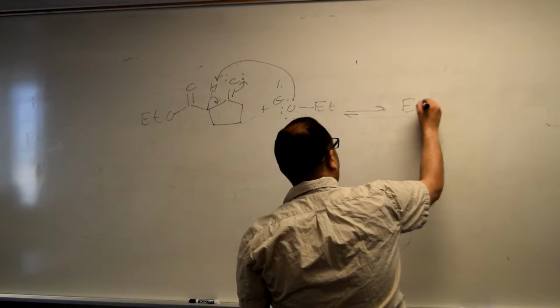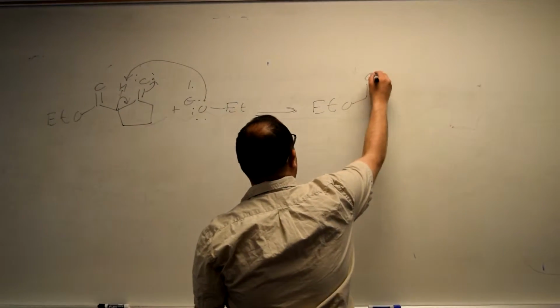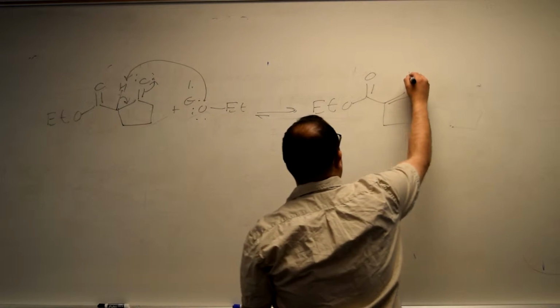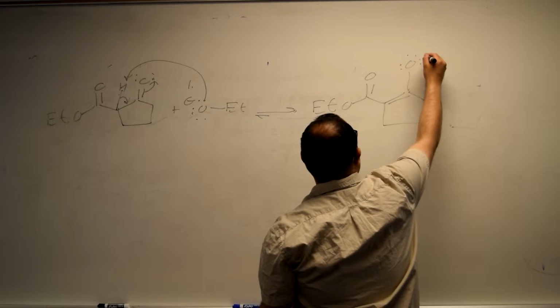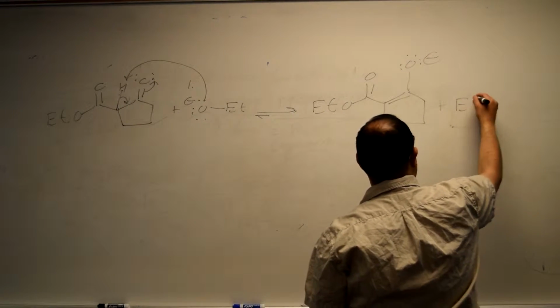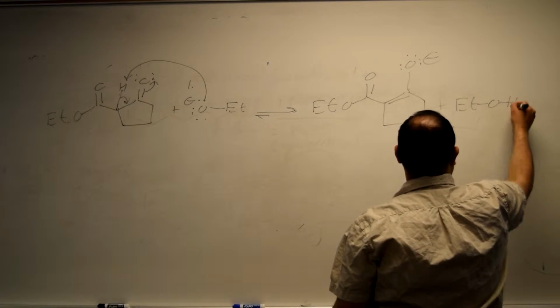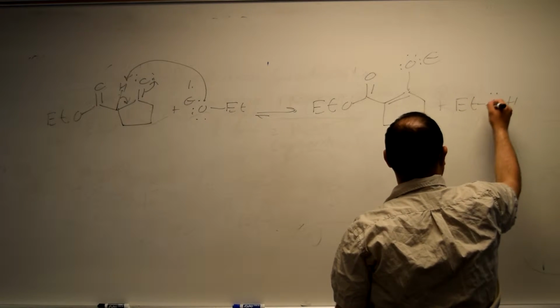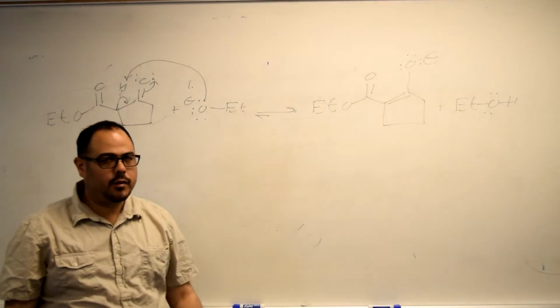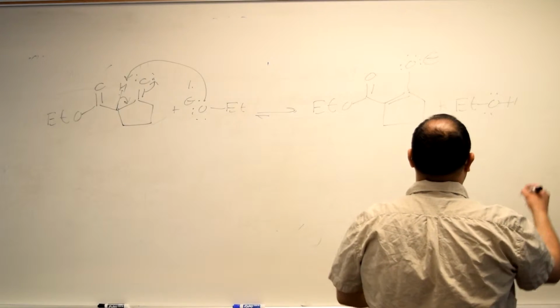So you're going to get ethoxide and an enolate, which you can, of course, draw in various other resonance forms. This is just one of them. And you're going to generate more ethanol. Normally ethanol is not strong enough to protonate this because it's just going to favor the enolate formation, or one of the enolate structures.